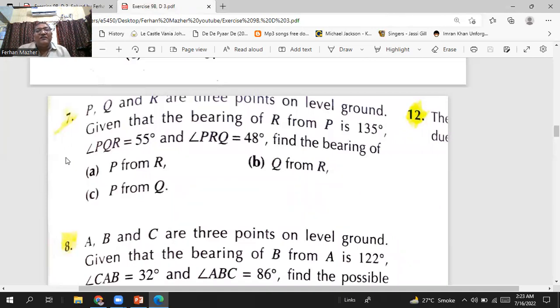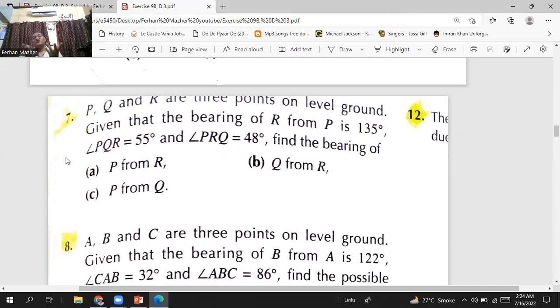Given that the bearing of the R from the P is 135 degrees, and given that the angle PQR is 55 degrees and the angle PRQ is 48 degrees, find the bearing of P from R, Q from R, and P from Q. So these are the 3 questions they're asking.